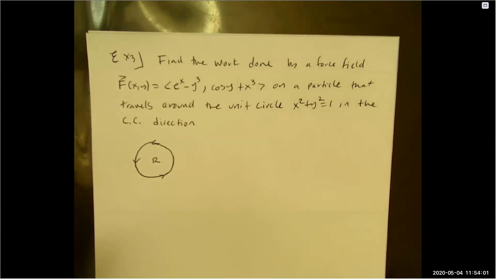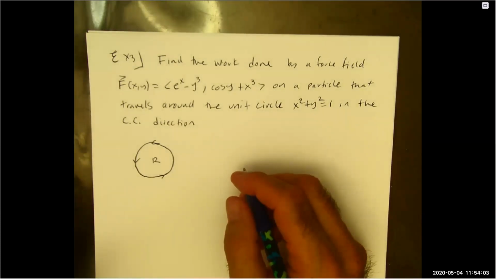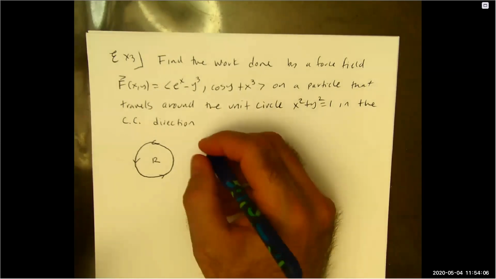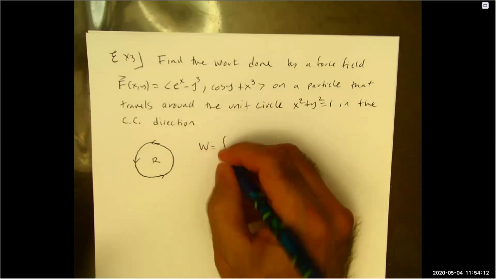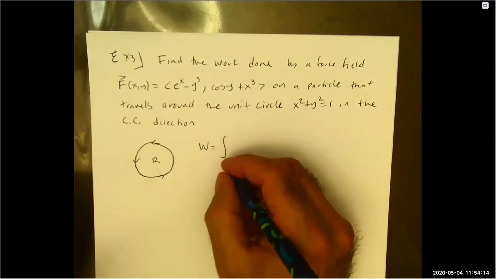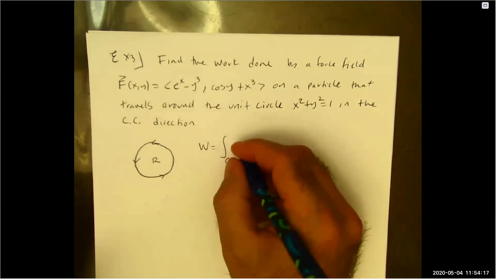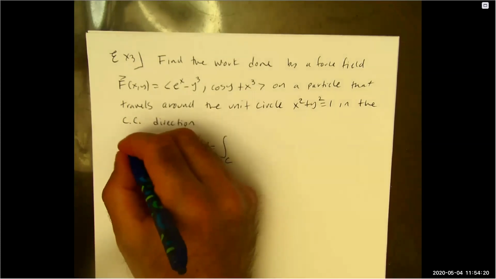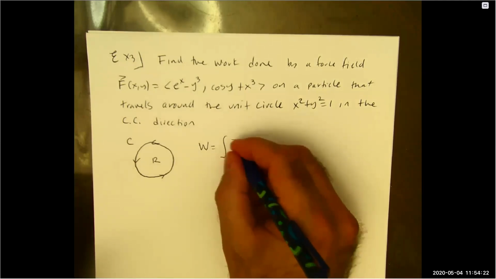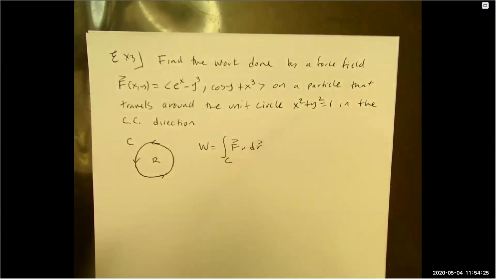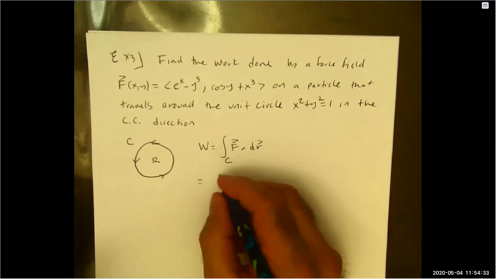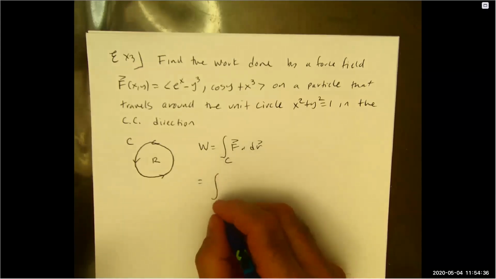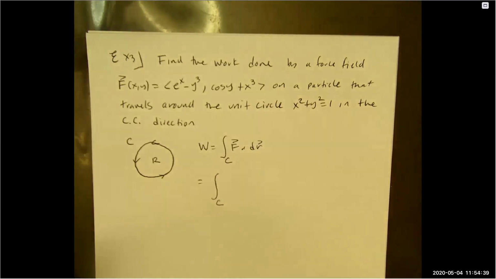All right, so going back to this problem here. So we've got the work is going to be equal to the integral over C, here you have a picture of C there, of F dot dr. And in this case, we can write this in the differential form. So in differential form, what does this look like?